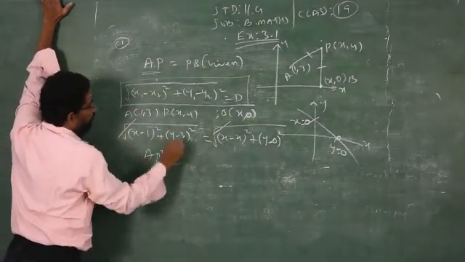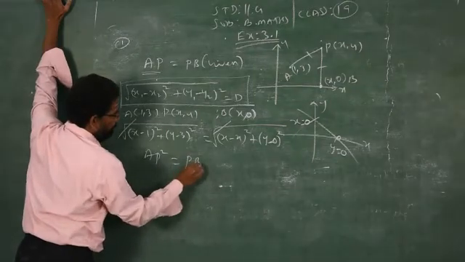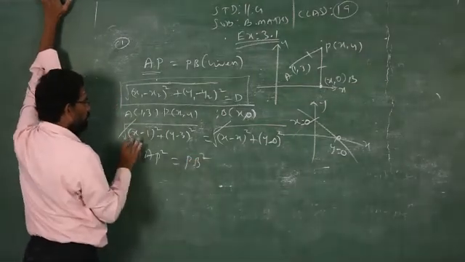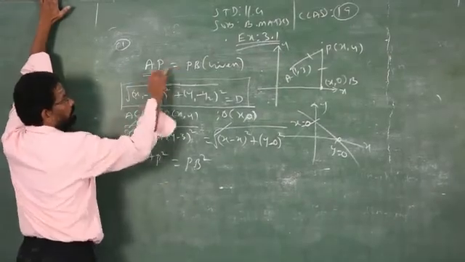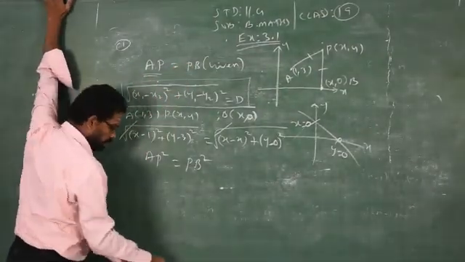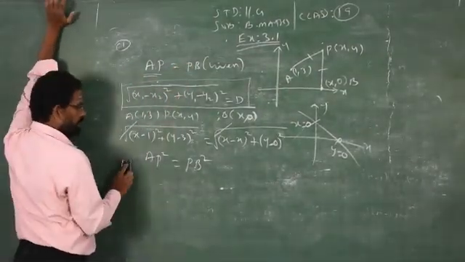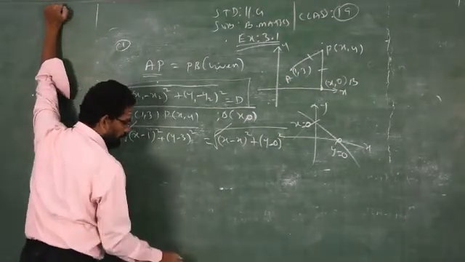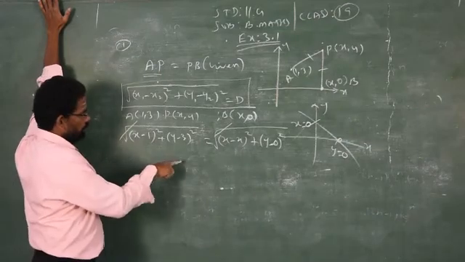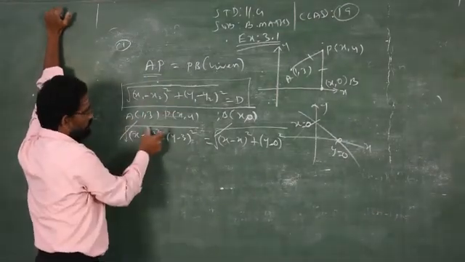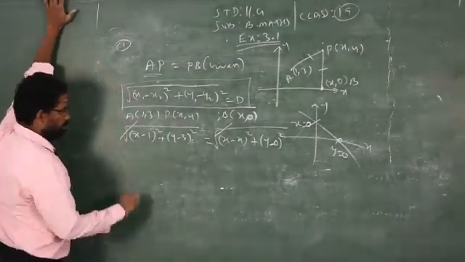Without the square root you can proceed if you square both sides in the beginning itself. Clear? But I did not do that, because sometimes you may have confusion. I will explain later with the help of one problem why I am using the formula without squaring both sides straight away.